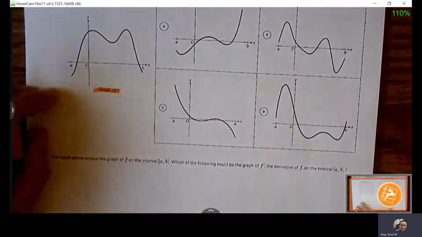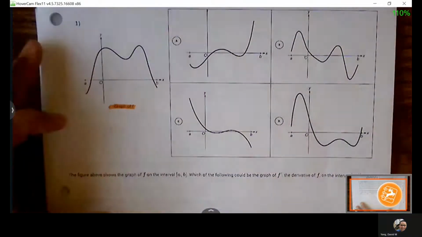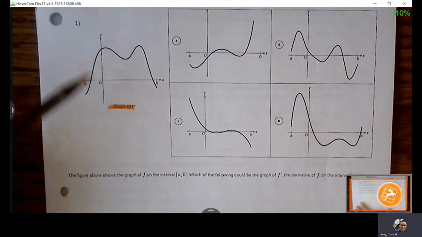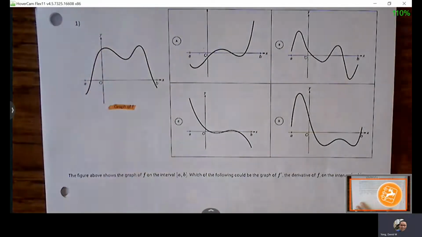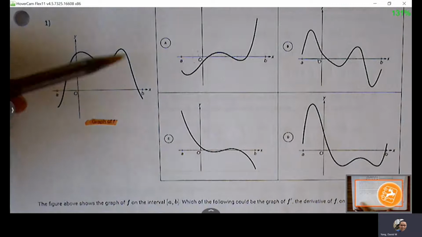I think all that is still going to be helpful, but we're just going to have to think backwards. We're not going from f prime to f of x, we're going from f of x to f prime. Now, just for explanation purposes, I'm going to indicate these specific points with numbers.